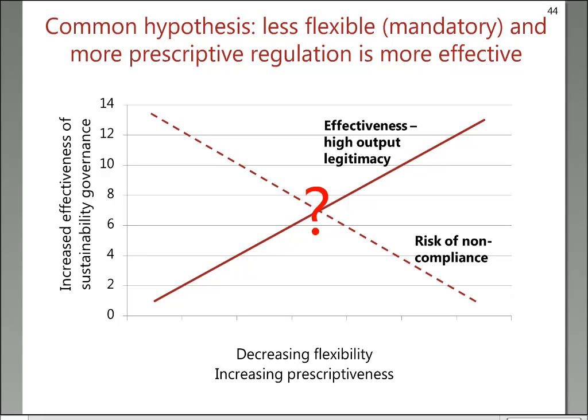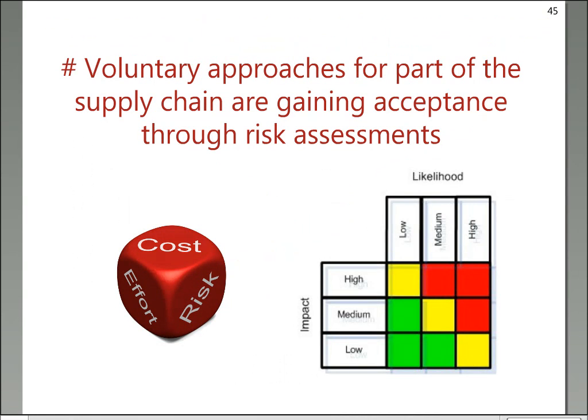But after having looked at what is happening and what systems are out there, we question if this hypothesis is true. It seems that there could be other factors determining what is most effective. So this is still an open question and something that we will continue to look into if we can see some patterns there, and otherwise probably more studies need to be put in place to see what is effective in this sense.